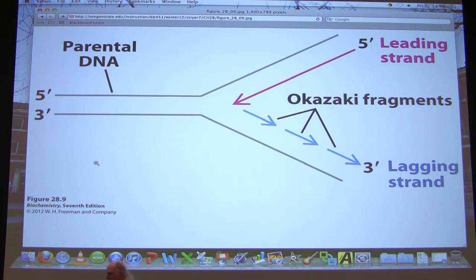Now, proofreading is an activity that is present, as I said, in most DNA polymerases. There are some DNA polymerases, however, that do not have proofreading. When we compare their error rates to the error rates of DNA polymerases that have proofreading, no surprise, we discover that ones without proofreading make many more errors.